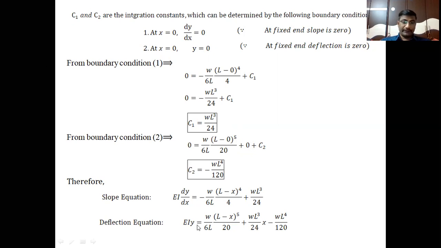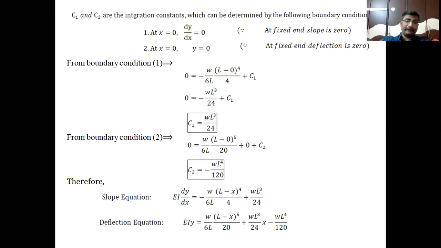And the deflection equation is EIy equal to W by 6L (L minus x) power 5 by 20 plus WL cube by 24 x minus WL power 4 by 120, which is the C2 value. These are the slope and deflection equations after substituting the C1, C2 values.